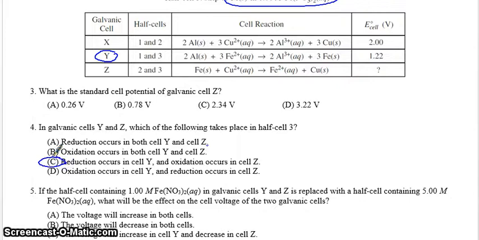So part C. The last one says, if the half cell containing 1 molar iron nitrate in Y and Z is replaced with a half cell containing 5 molar iron nitrate, what will be the effect on the voltage of the 2 galvanic cells?